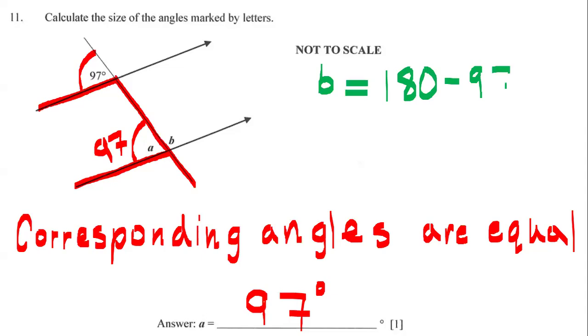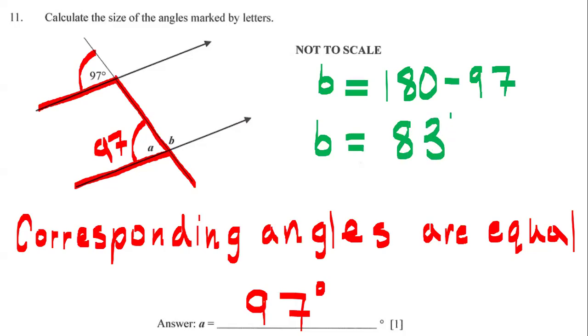Very good. And 180 minus 97 is going to be what? 83. So when we subtract, we have 180 minus 97 and I got 83 as well. Yes, 83 is correct.